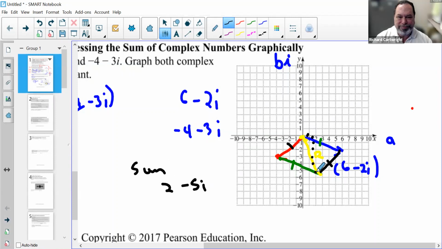Not too bad. That means that vector, which is the resultant, and I called it R, is 2 minus 5i. So geometrically, it lines up to what we know how to add to complex numbers.